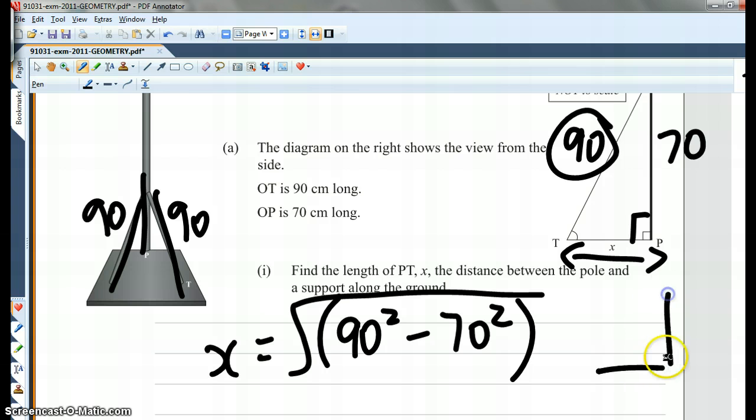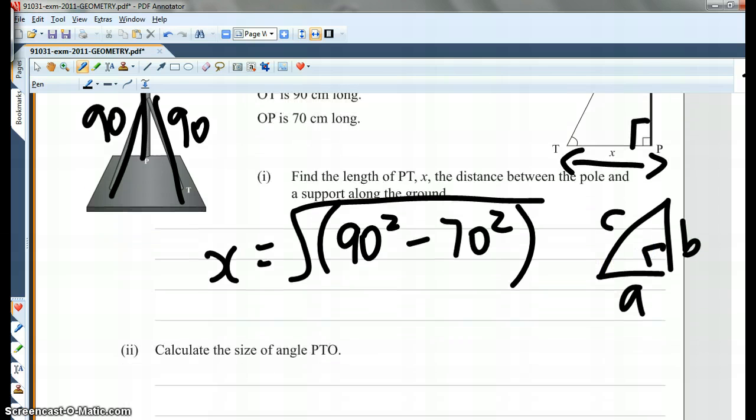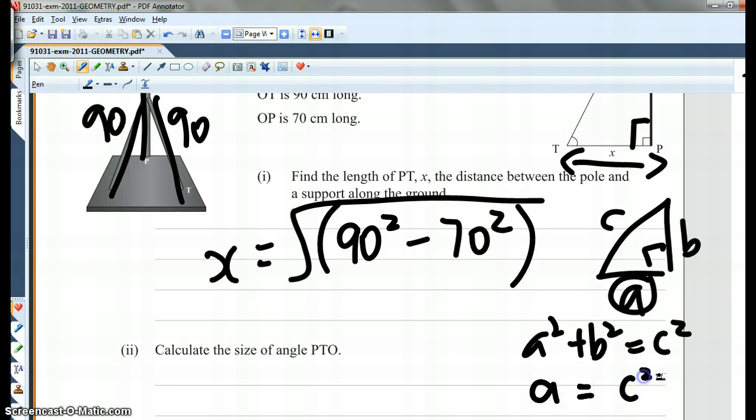Because we know A, B, C with Pythagoras, we know A squared plus B squared equals C squared, and so we can rearrange to get to the fact that if we're trying to find A, we go C squared minus B squared would be A squared, so to find A we take the square root.